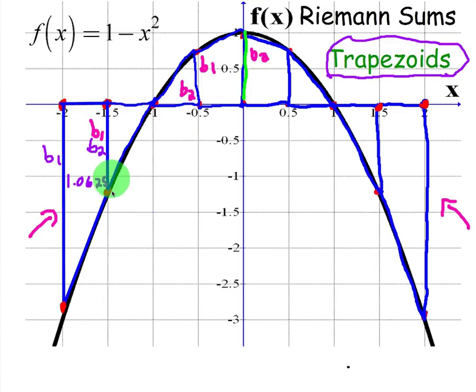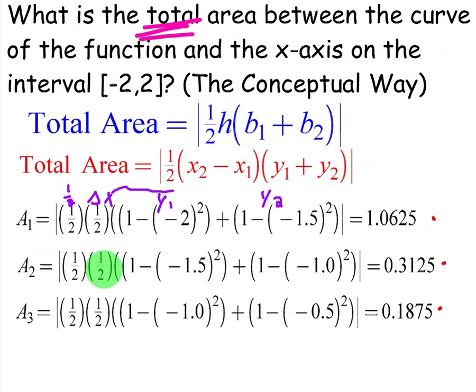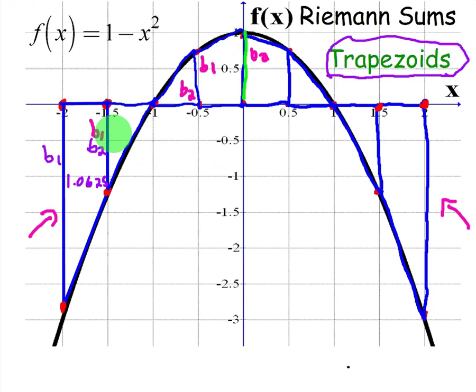Now your first y value is down here. It's actually the same y value that you used for your B1. So the base 2 of your first trapezoid, right here, whatever that y value is, is going to be the same as B1 of your next trapezoid.